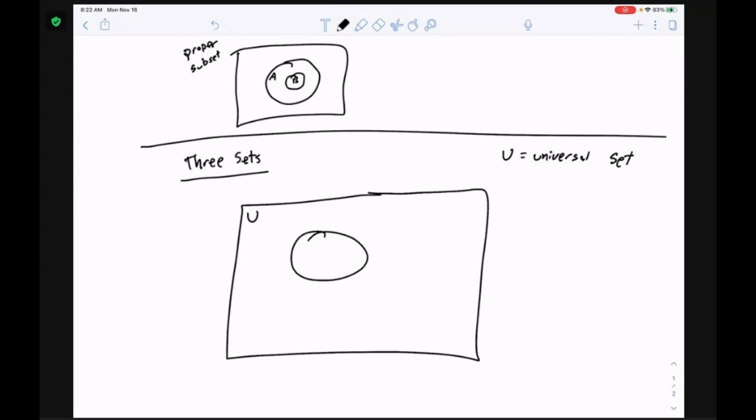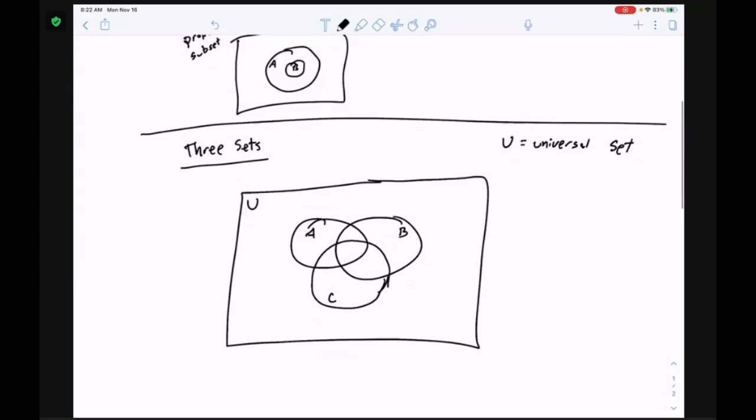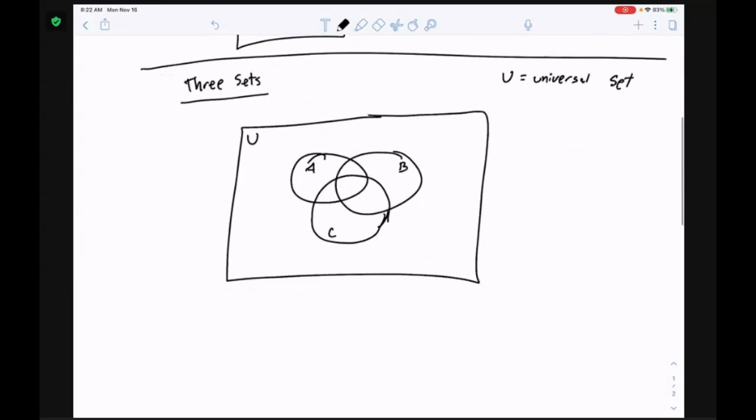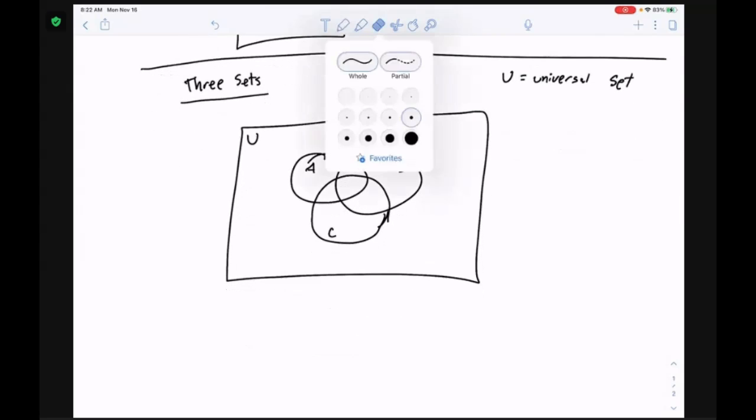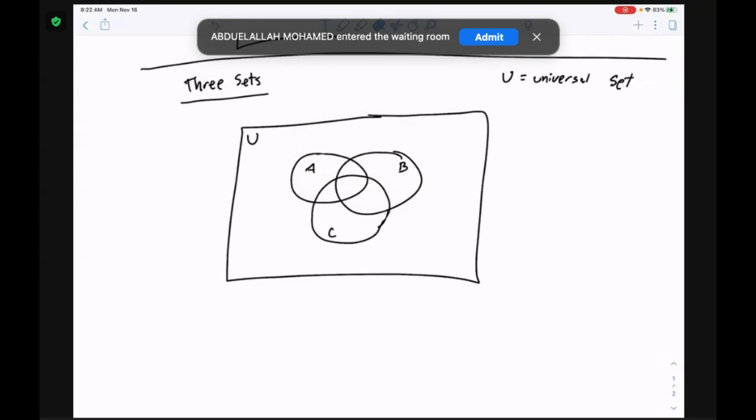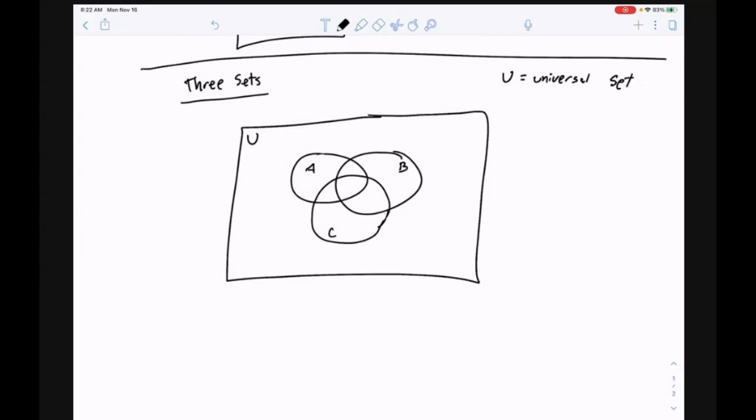I'm mostly going to draw them this way, where we have set A, set B, and set C. This is our main image, and it's the image that we're going to work on in all of the parts today.